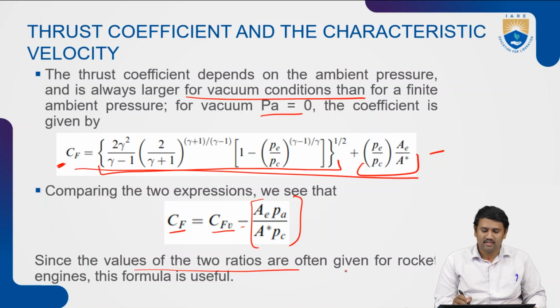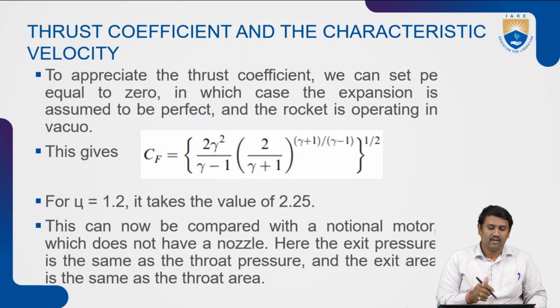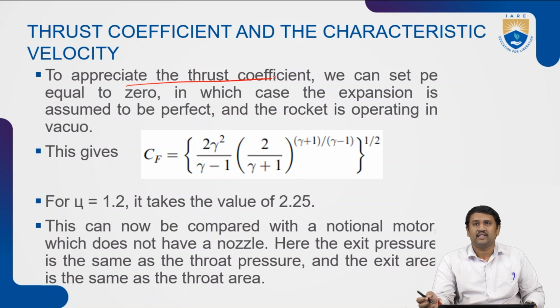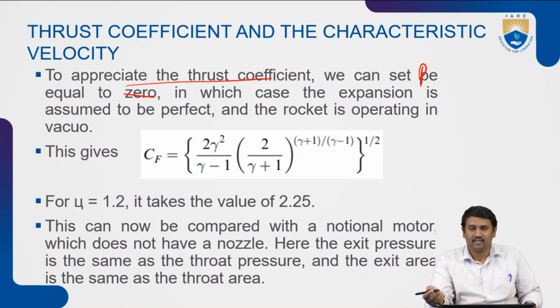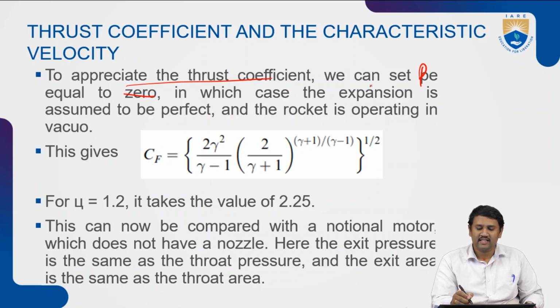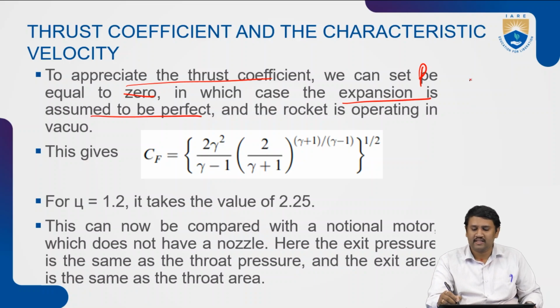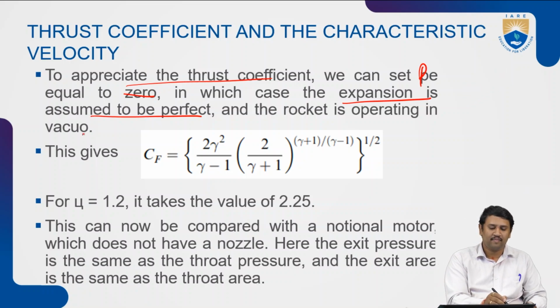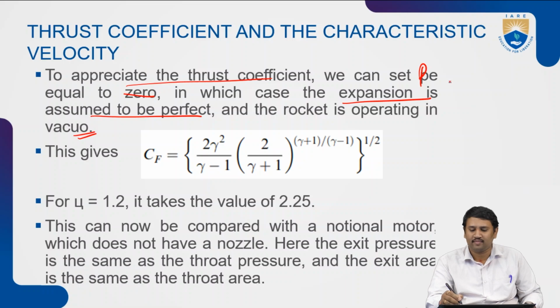These two ratios are often given for a rocket engine, so this can be useful to determine the thrust coefficient of a particular rocket engine. In order to appreciate the thrust coefficient, we can set P E, the exhaust pressure, equal to 0, in which case the expansion is assumed to be perfect, and the rocket is operating under vacuum.